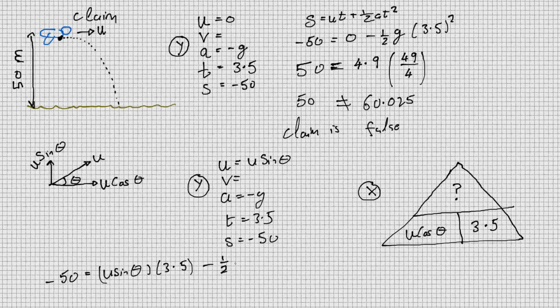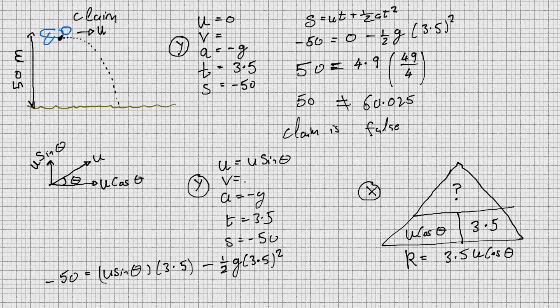Now, do we have enough information here to get anything? We don't quite have enough info from this, so we can't solve this for u, we can't solve this for theta. And if I look here, all I can learn is that the distance it travels horizontally, which is the range, that's equal to 3.5 times u cos theta here.